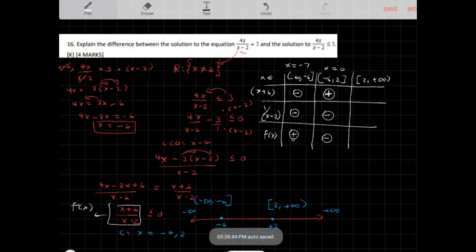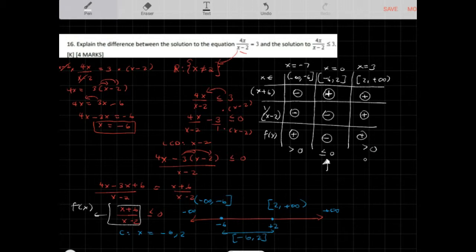So you can see that in the first interval of negative infinity to -6, this is actually greater than 0. In the second interval, this is less than or equal to 0, so this is potentially one of our solutions. Okay, so let's include this as one of our solutions. And then between 2 and positive infinity, I'm going to let x equal 3, and you get a positive and a positive, so this is greater than 0.